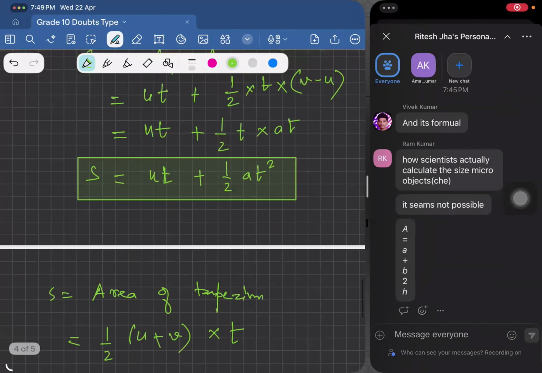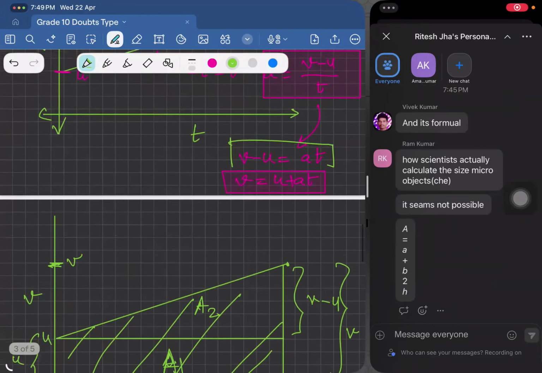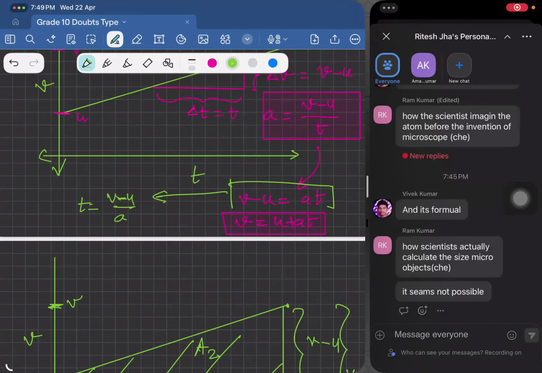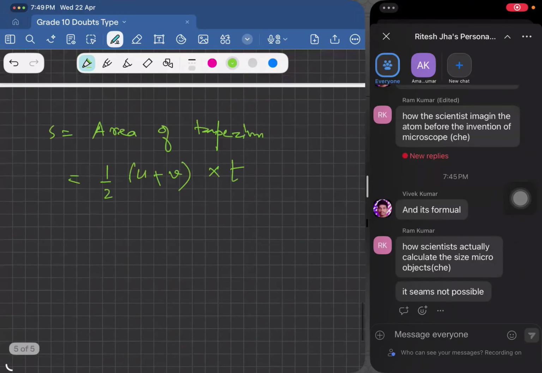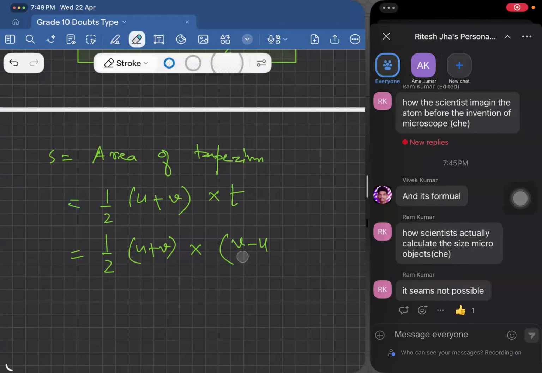All right. Now, can I say from here that t is equal to v minus u over a? So instead of t, I'll write v minus u over a.